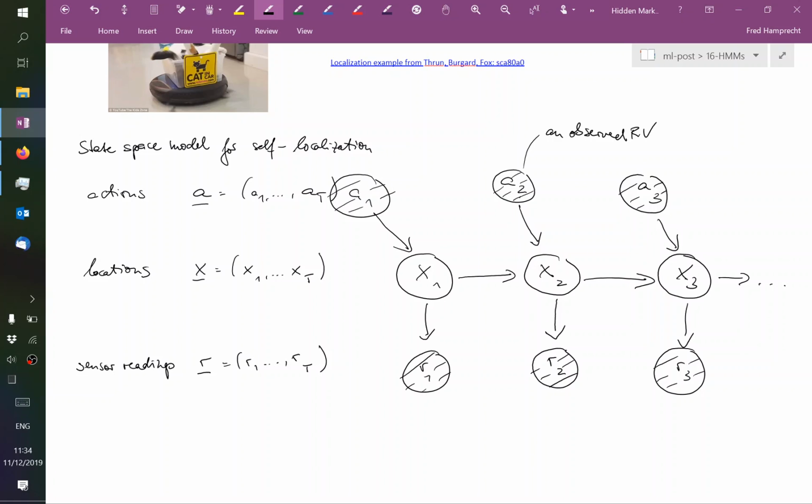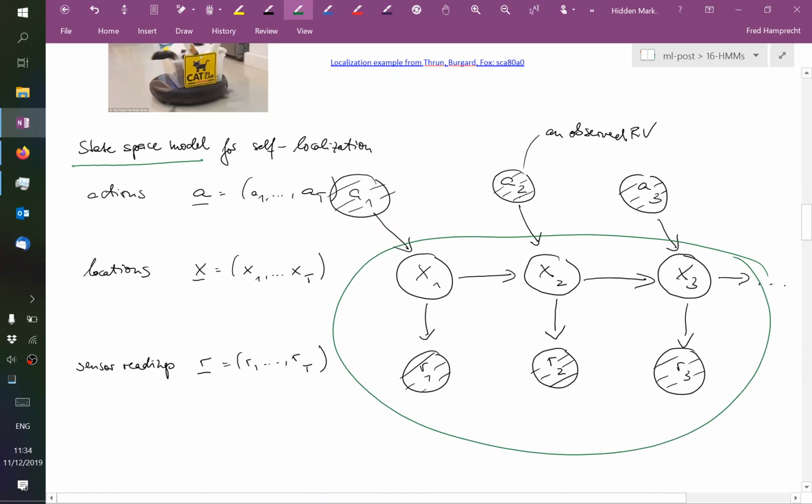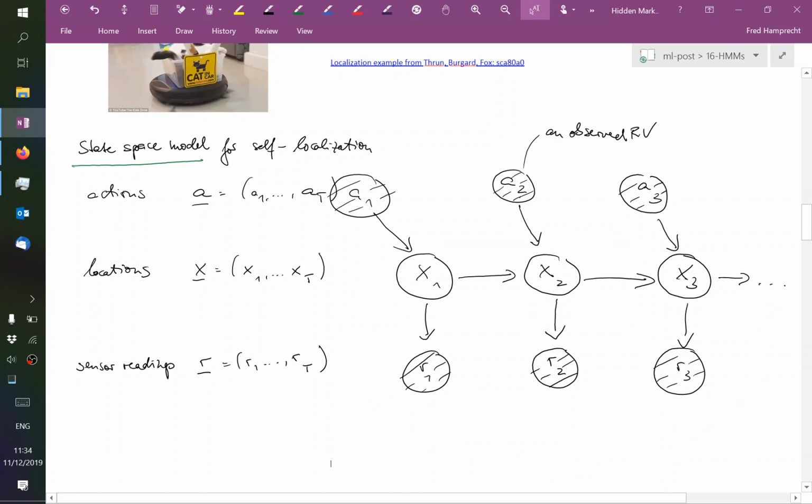So the headline I chose was a state space model. And whenever you see somebody draw like this, then you know that it's a state space model.